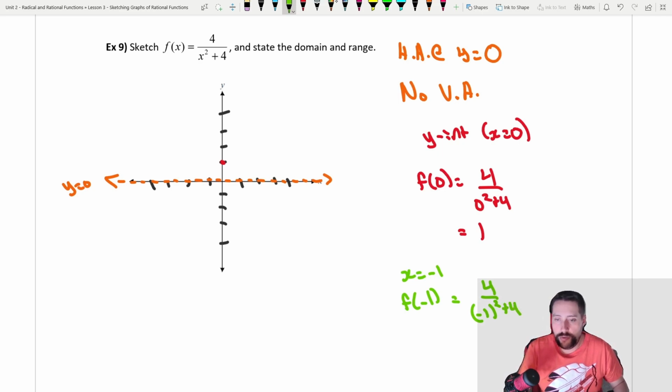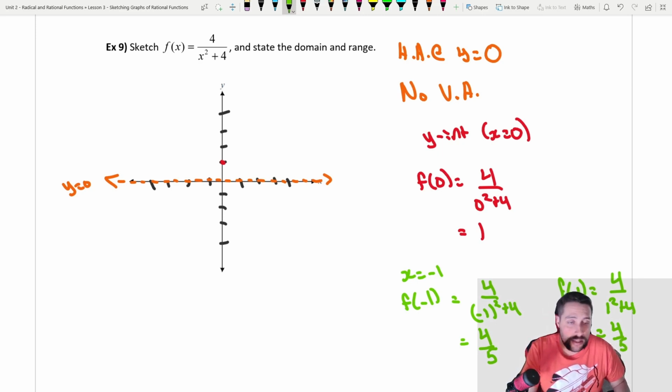So this is going to be 4 over 5. Your f of 1 will also be the same. It's going to be 4 over 1 squared plus 4, so it'll also be 4 over 5. So we can safely say that the y-intercept is actually going to be the highest point in this case. So that's where we found our speed bump.